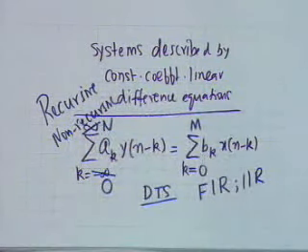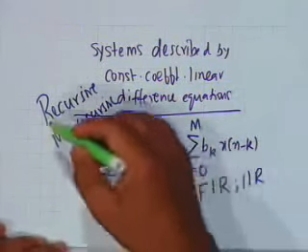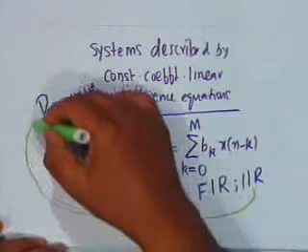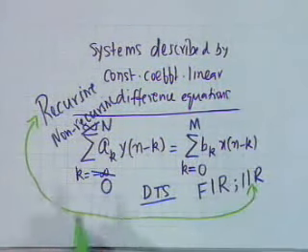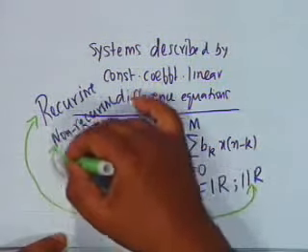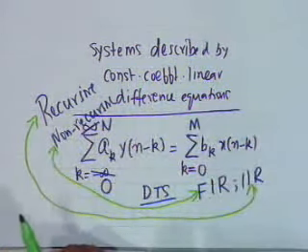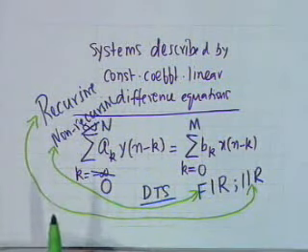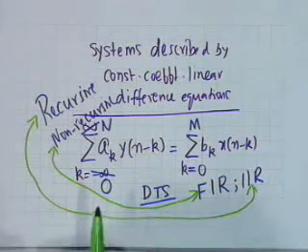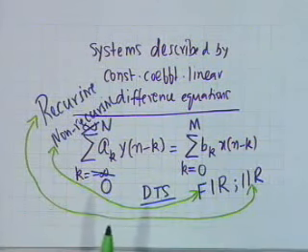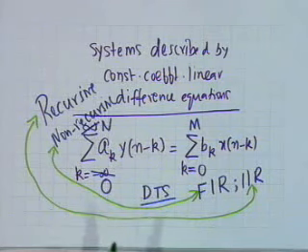We have said that IIR systems are described by recursive equations and FIR systems by non-recursive equations in general, but one is not identical to the other. In other words, an IIR system can be computed non-recursively and an FIR system can be computed recursively, and we took one example to illustrate this fact.